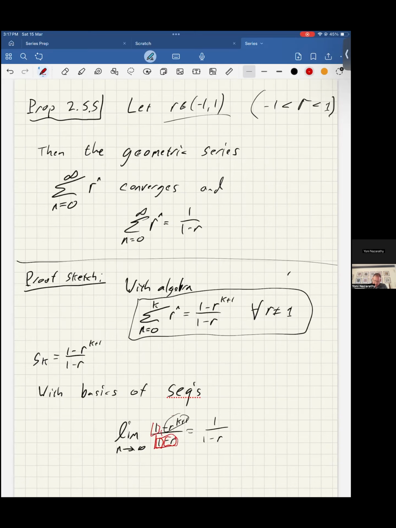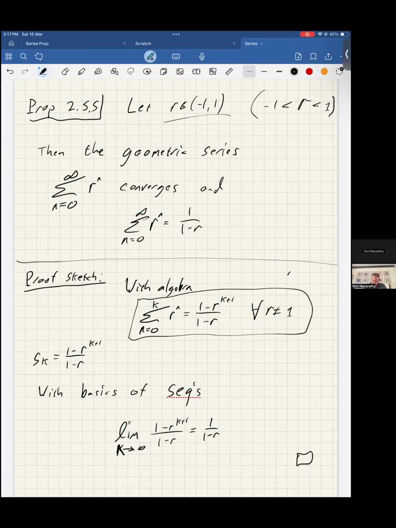Basically, the important thing is to show that the limit of some number whose absolute value is strictly less than 1, to the power k, goes to 0. And that's why you get this 1 over 1 minus r. Let me just fix this, I'll put a k here, so we want this k to be this k.